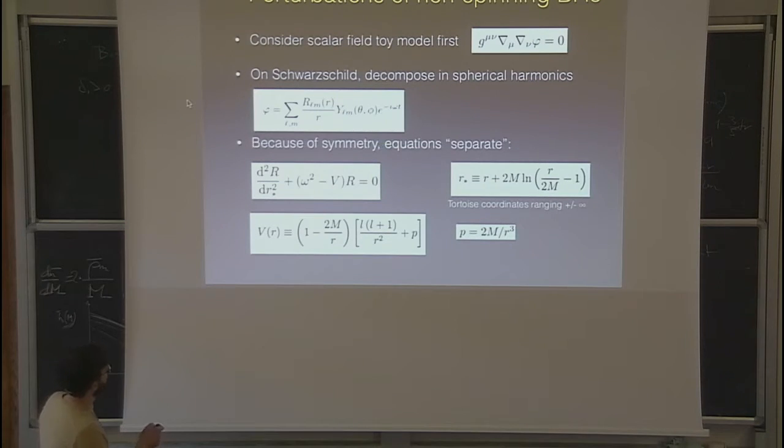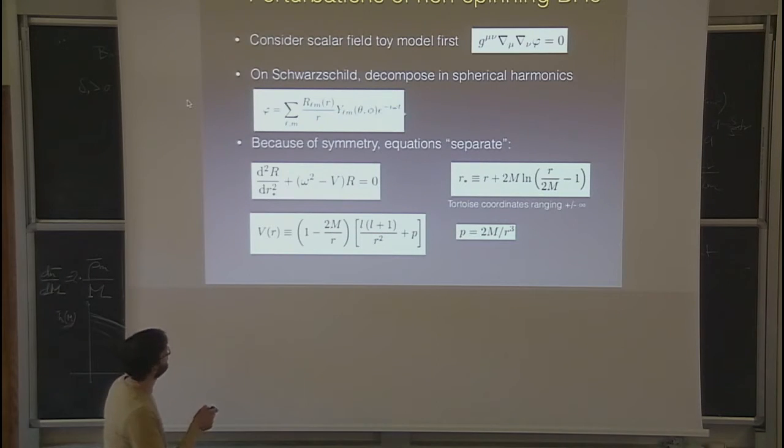So what happens at this stage is, well, it's sort of a miracle, but it's not: the equations separate because of the symmetries of the problem. So you end up with one equation alone. From this Klein-Gordon equation, you end up with one single ordinary differential equation.